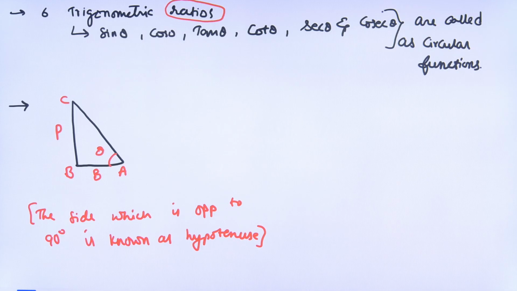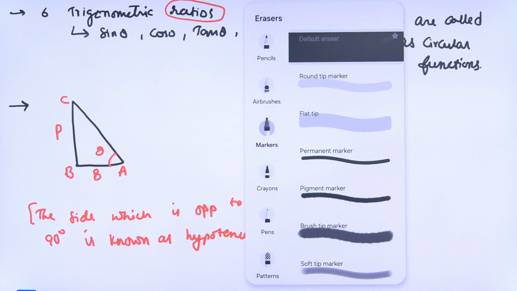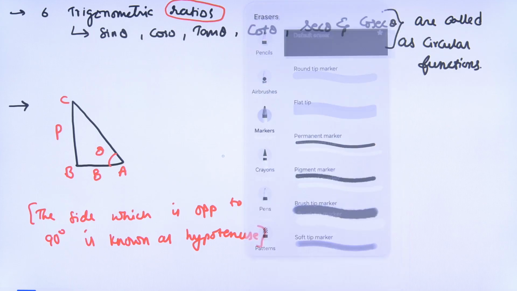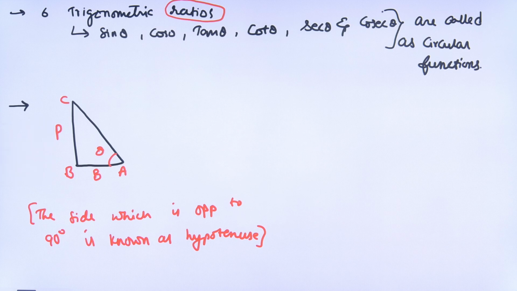Some of you in school life might have studied it like this: opposite side, adjacent side, hypotenuse. Telangana board students will read in this form, and CBSE students will read in the form of perpendicular and base. Both are the same, nothing to worry about.